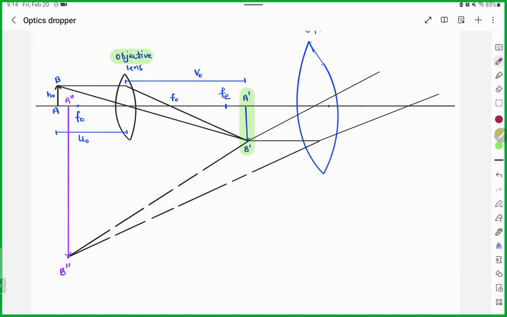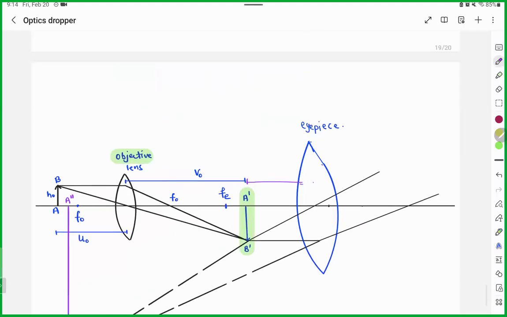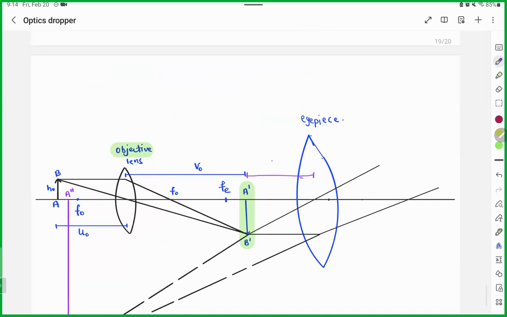Your first image was smaller, but the second image is way bigger. So the purpose of the compound microscope is that you can form a bigger picture. Got it? Any doubt? So this will be the object distance for the eyepiece.